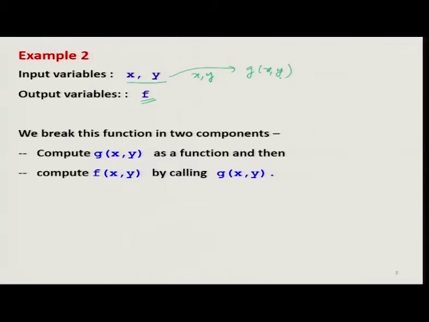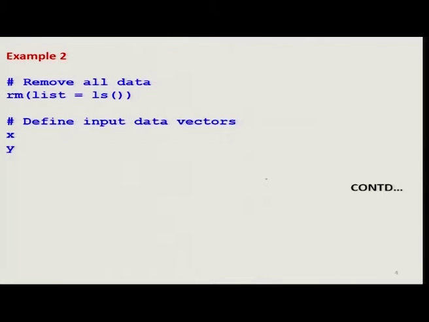So we try to break the entire function into two components. In the first step we compute g(x, y), and this computation has to be done as a function, and then we compute f(x, y) by calling the function g(x, y). That is what we have to learn in this example.